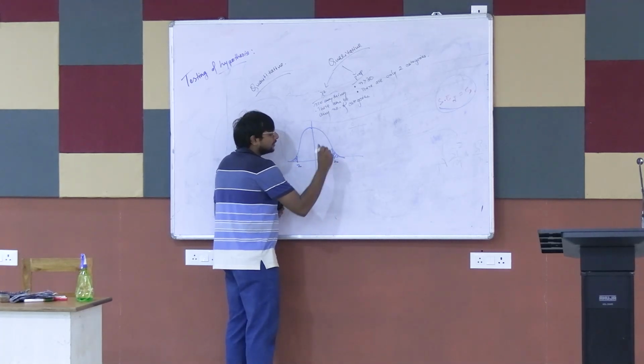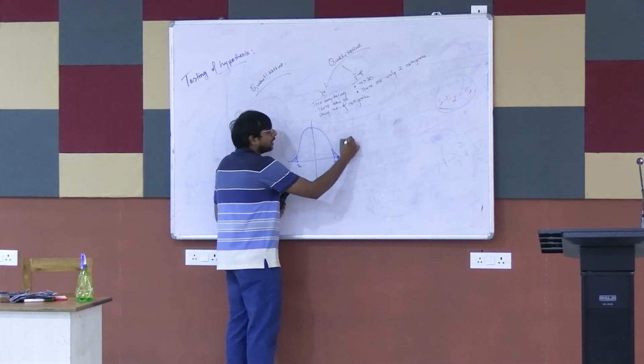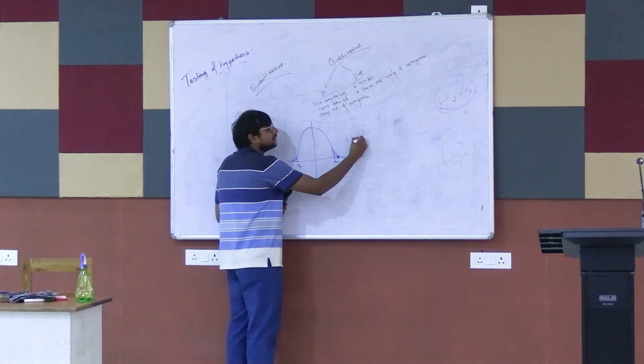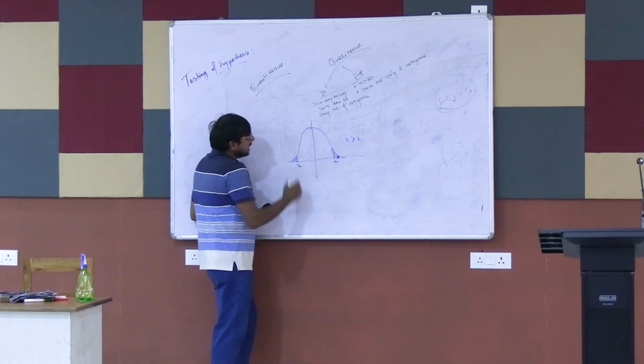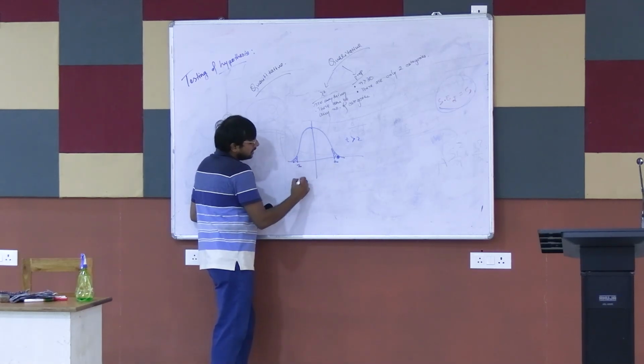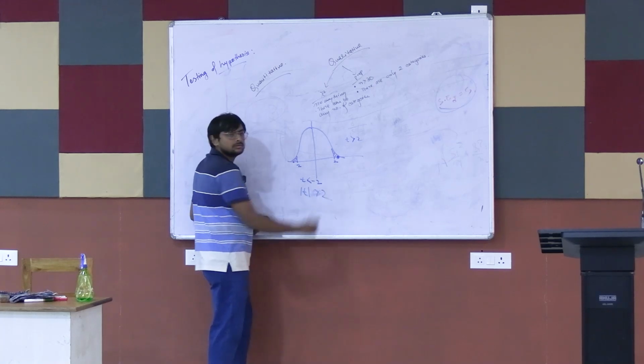The value of the test statistic falls here, then it will be greater than 2. If the value falls here, t would be less than minus 2. If I take the modulus, the modulus of t will be greater than 2.